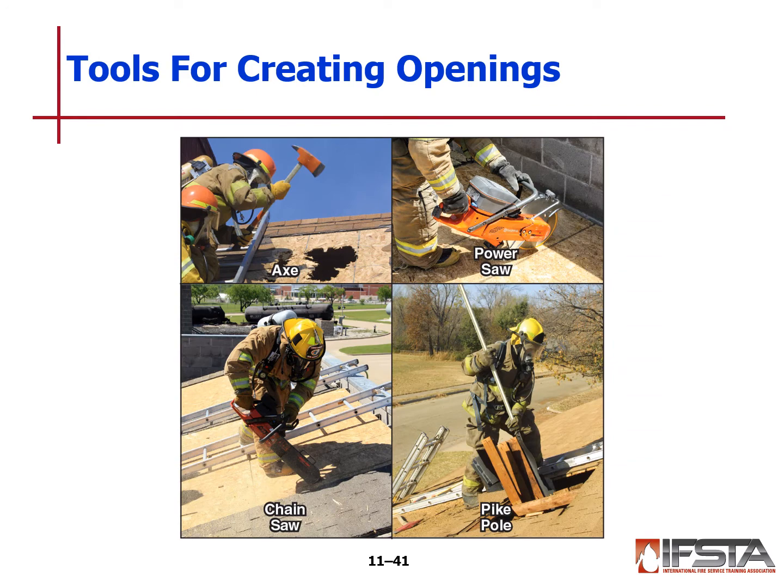So, some of the tools that we use to create our openings. First on our list is the good old fire axe, preferably an axe with an 8-pound head, which is going to cut better. We also often use power saws, the rotary saw and or chainsaws.